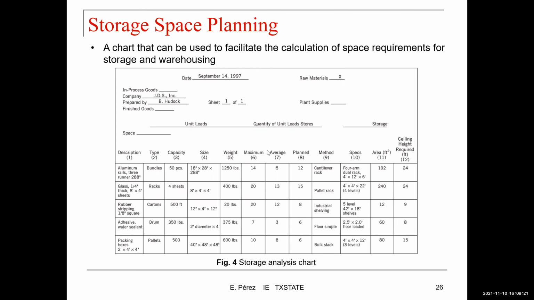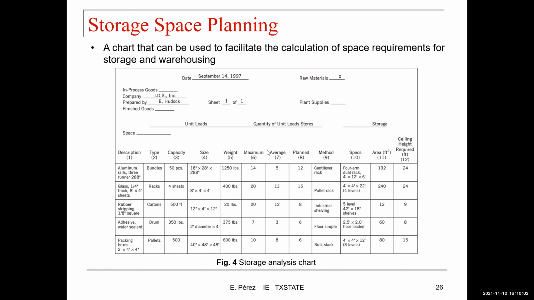Okay, so what we have here is, for a company, GDS in this case, the description of the materials, the type, capacity, the size, the weight, the maximum, the average, in terms of how many you can store, what is the average number of units that you have, how many you have planned, where you are going to place them, the area that they will occupy, and the ceiling height required for those.